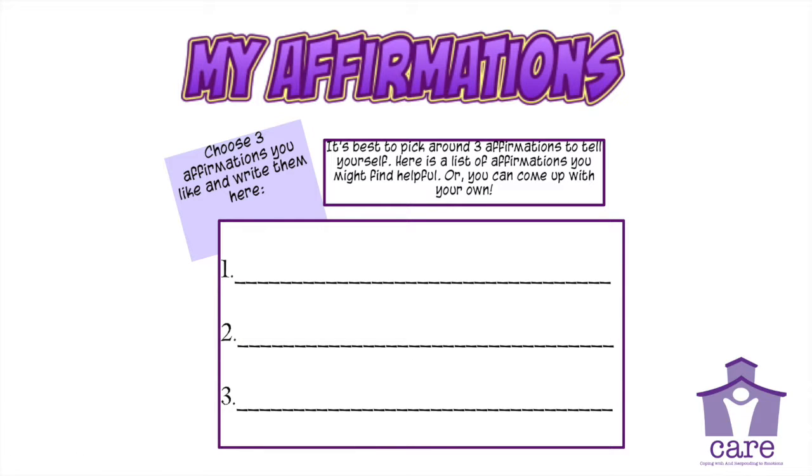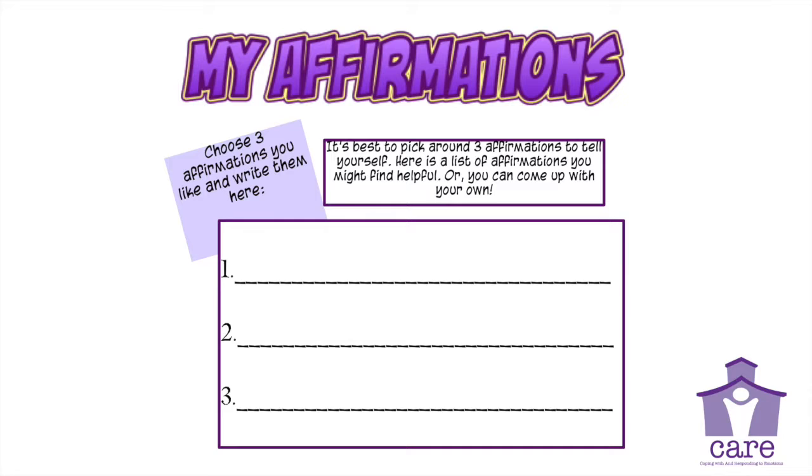And then have students pick 3 affirmations that they like and that they believe in, and have them list them here. We've got our spots here. Really encourage students to pick affirmations that they truly believe in, because if they believe in them, that's going to make them even more powerful.